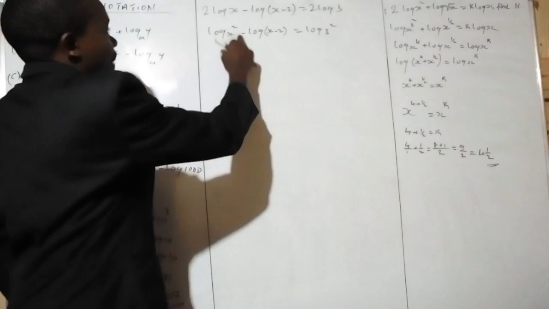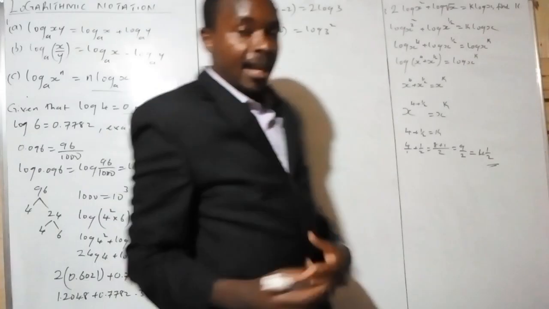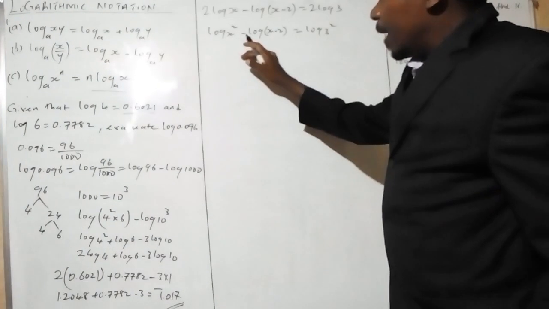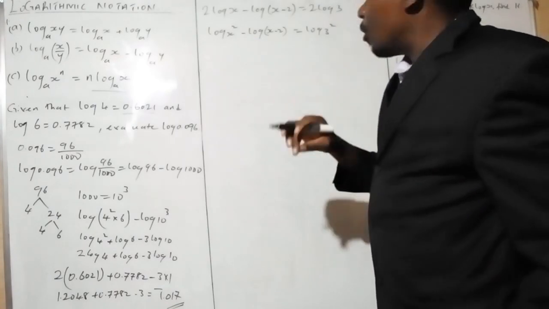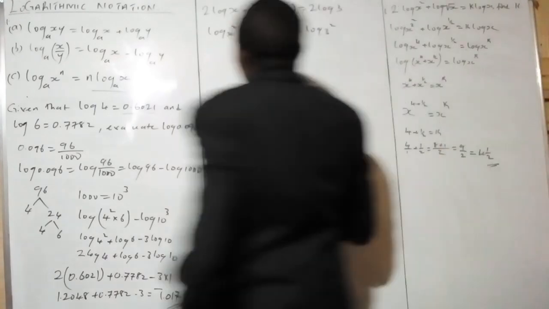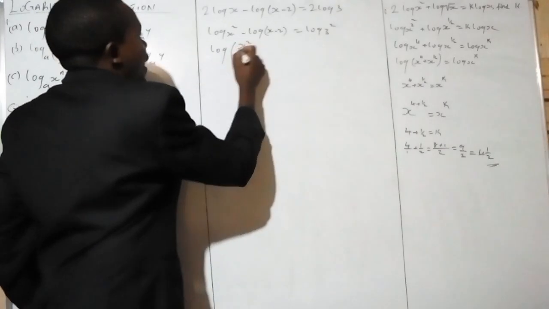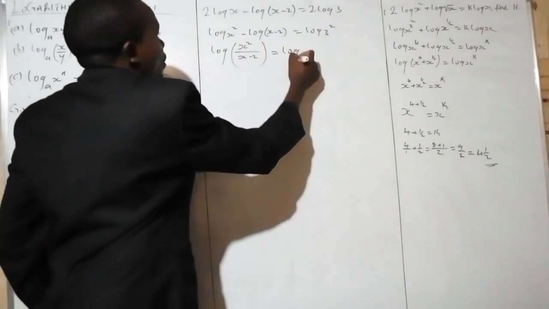Having a negative sign means we are going to divide. That is according to the law of logarithm as well as the law of indices. To have log of x squared all over x minus 2 in bracket is equal to log 3 squared.